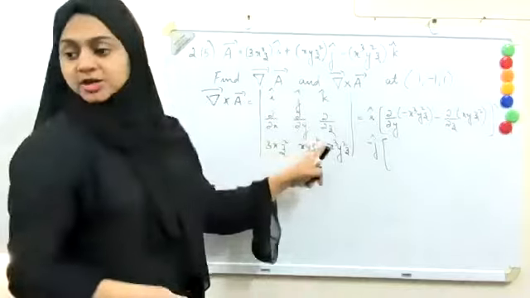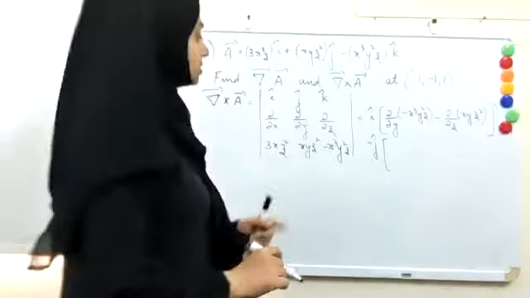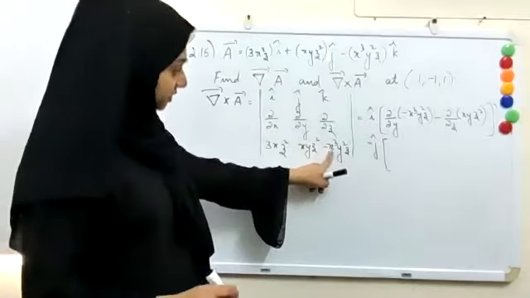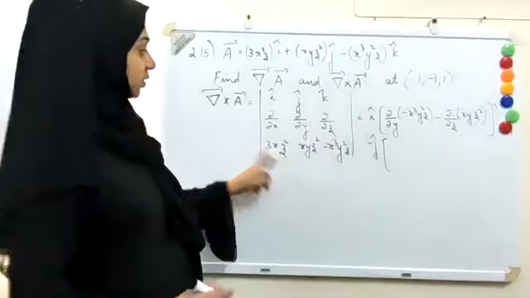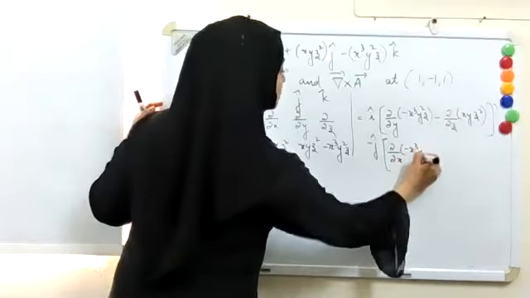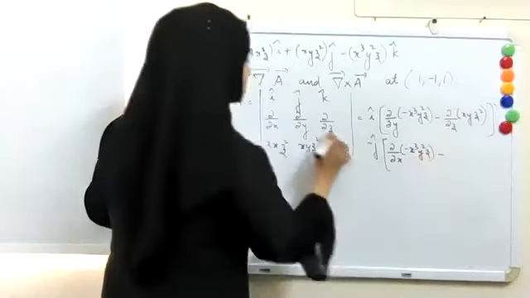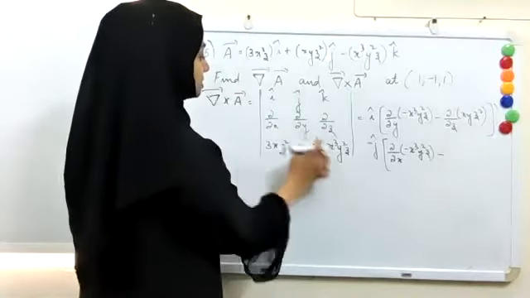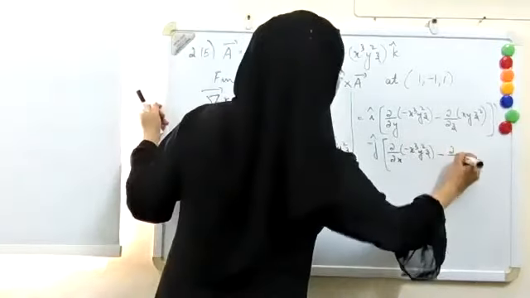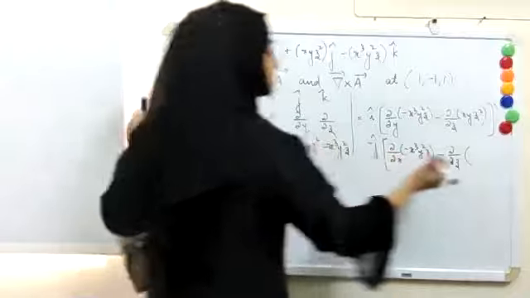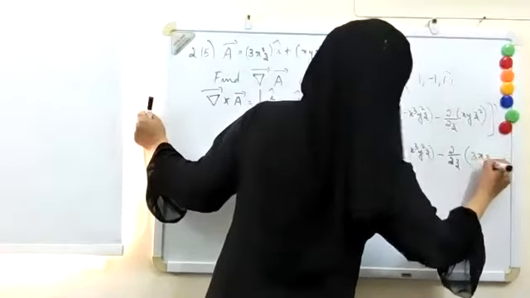So I will take dou by dou x of minus x cube y square z, minus dou by dou z of 3x z square.